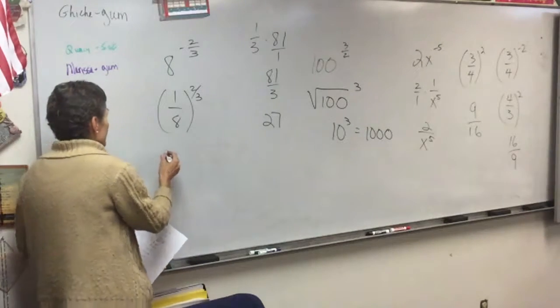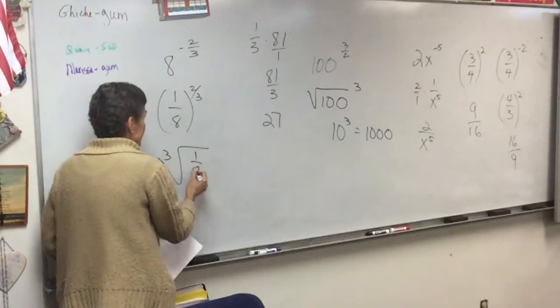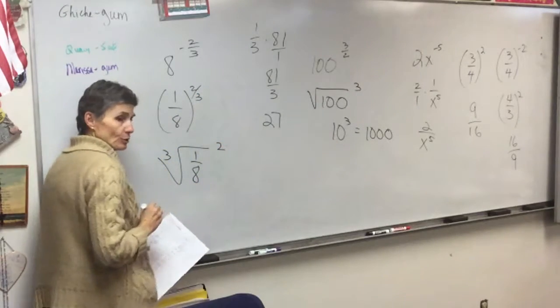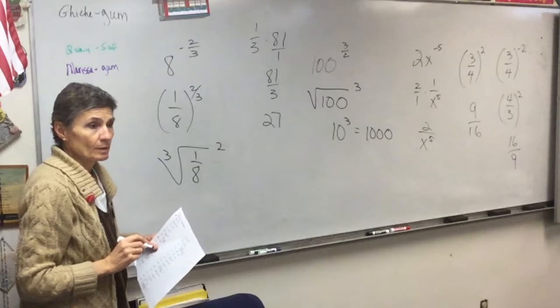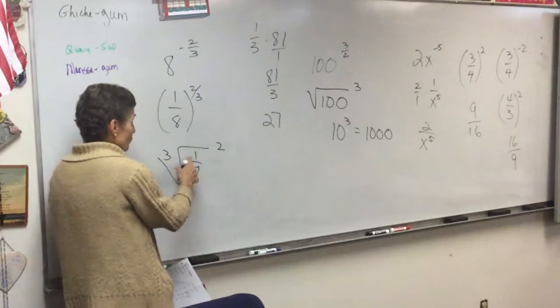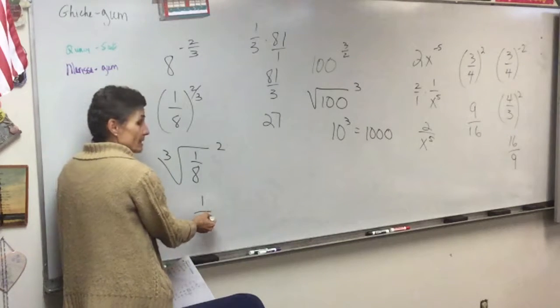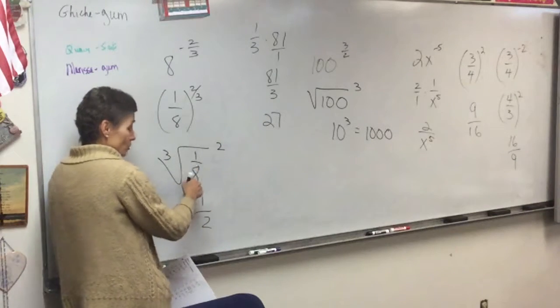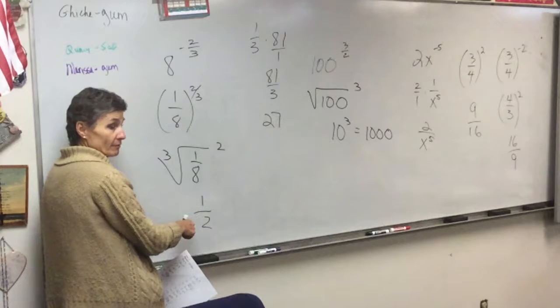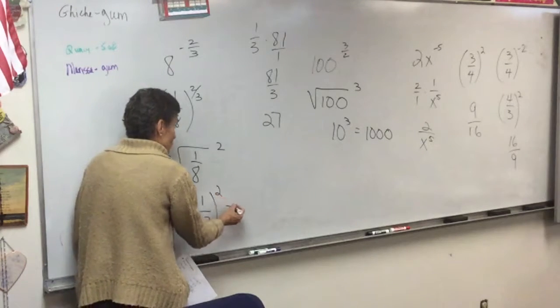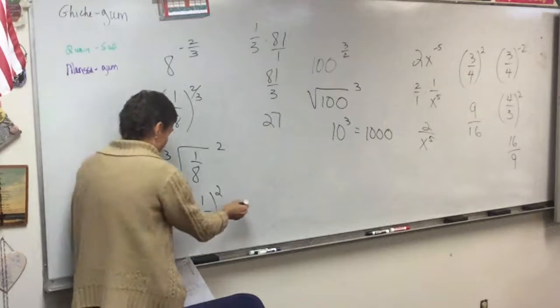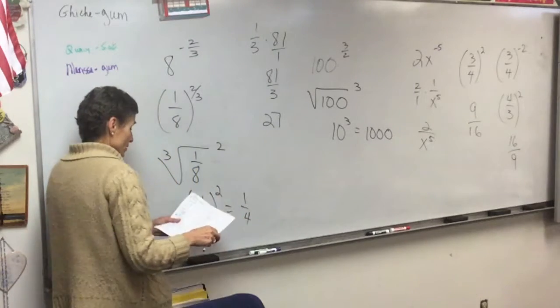Third root. So I'm going to take the 3rd root of 1/8, and then I'm going to square it. The 3rd root of 1 is 1, and the 3rd root of 8 is 2. So the cube root of 1/8 is 1/2. What happens when I square it? I get 1 over 4. Very, very good.